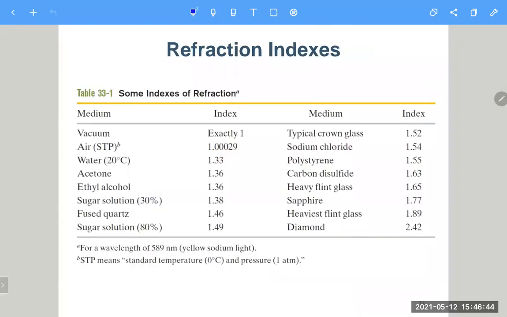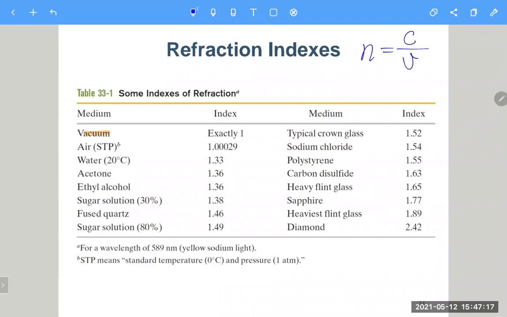So here, this is a table about the refraction indexes for different types of material. On the left side, we have vacuum. It says the index is exactly 1 because, if you still remember, the index of the material is the speed of light over the wave speed in that material.